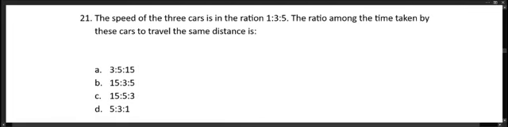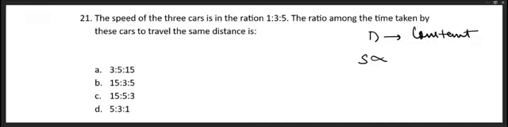The speeds of 3 cars are in the ratio 1:3:5. We have to find the ratio among the time taken by these cars to travel the same distance. As we have discussed, when distance is constant, the ratio of speed and time get inversed, or we can say that speed is inversely proportional to time.